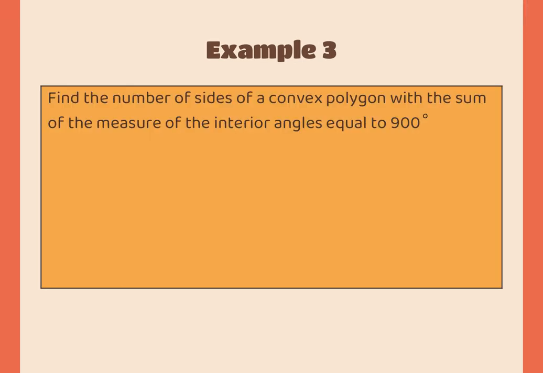Example 3 says find the number of sides of a convex polygon with the sum of the measure of each of the interior angles equal to 900. So now we're going to work backwards. We want to show the sum. So the sum would be n minus 2 times 180, and it equals 900 this time. And we want to solve for n. So we can divide both sides by 180.